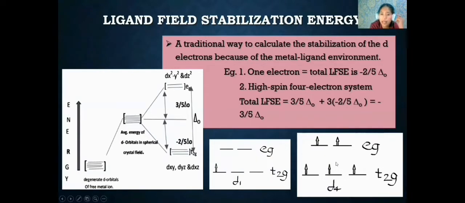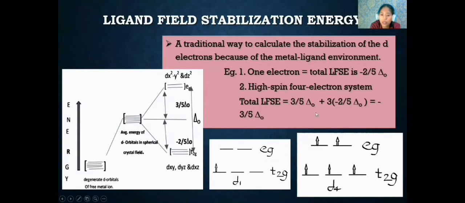And then for the high spin system with 4 electrons, the total LFSE has the 3/5 delta O times... sorry, you have to remove the 1 electron in the eg. So it has at least 4. In the diagram, you have there 5.